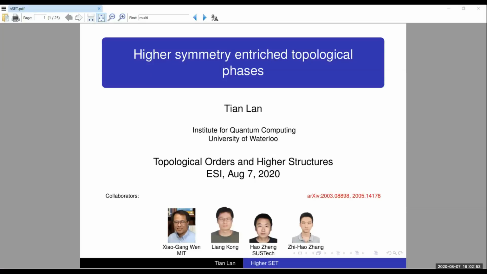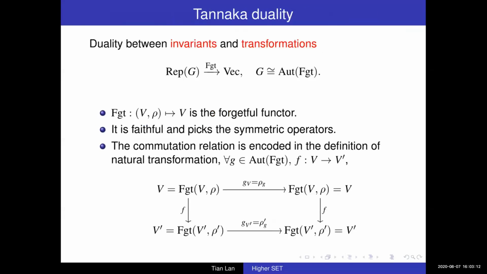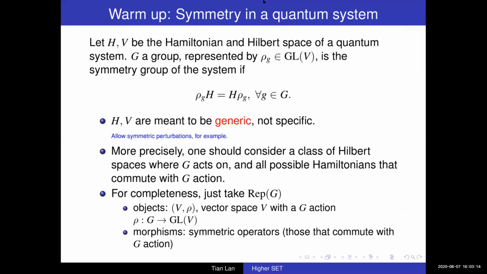It's still the title page. Maybe my connection is not very good. Is it okay now? No, it's still the first page. Oh yeah, now it comes. Okay, I'm sorry.